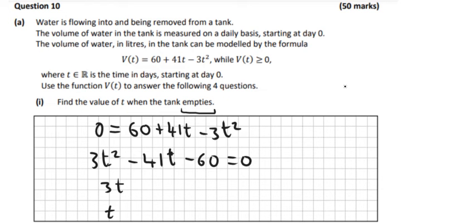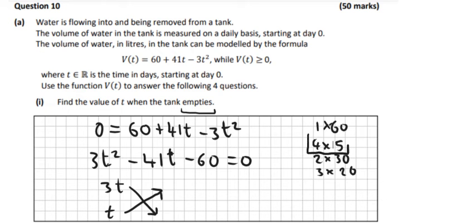Factorize it. Whatever way you want to factorize it, or you could even use the minus b formula if you want. Two numbers that multiply to give 60: you could have 1 times 60, 2 times 30, 3 times 20, 4 times 15, 6 times 10 as well.